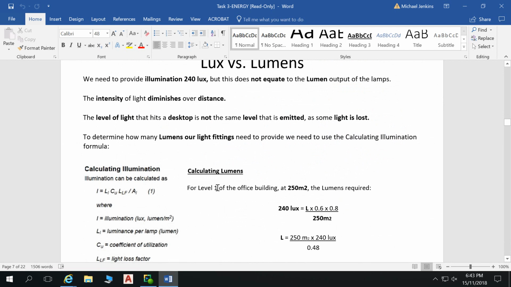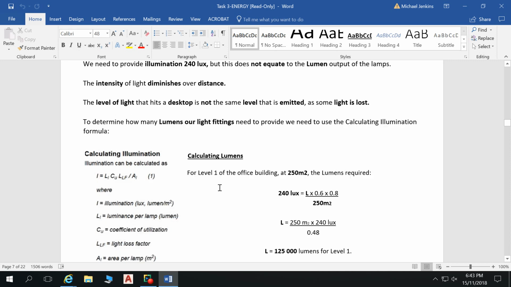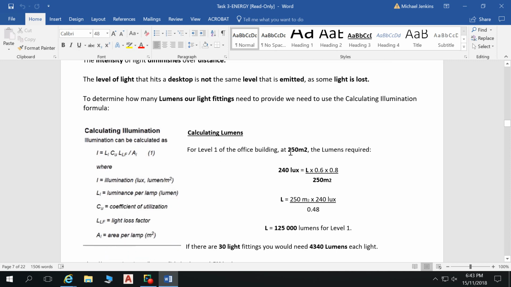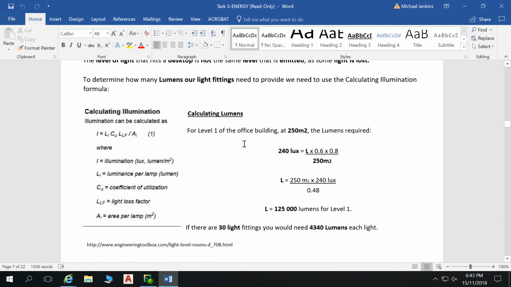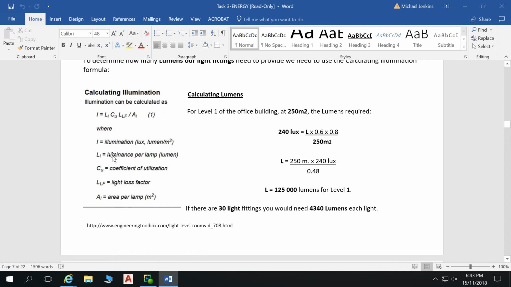And let's say this room is 250 square metres. Now this room is much smaller than 250 square metres, so let's knock out some walls and expand that out. So we've got 250 square metres of a classroom that we're going to be lighting up. Now the calculation gets a little bit more complex. We want to determine our luminance per lamp, but we also have to consider our coefficient of utilisation.